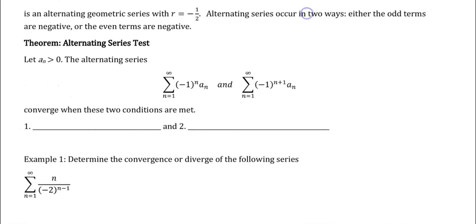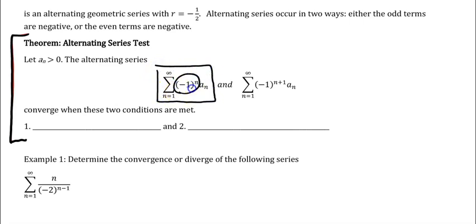So now let's discuss the alternating series test. This is a test that we will add to our toolbox to help us determine the convergence or divergence in our study of series. So if we have an alternating series, it could have either this form, notice you again see that (-1)^n, or this form.